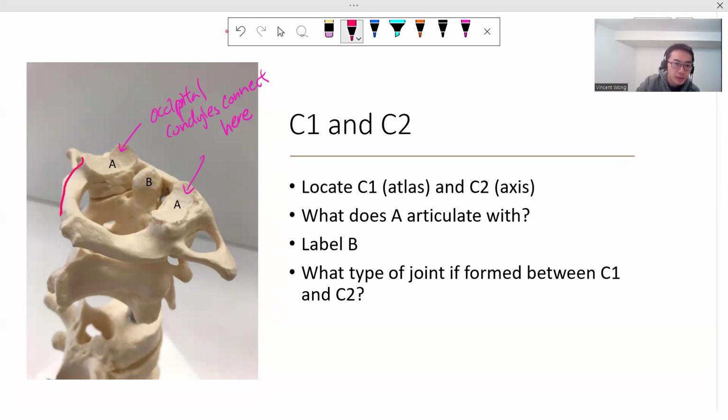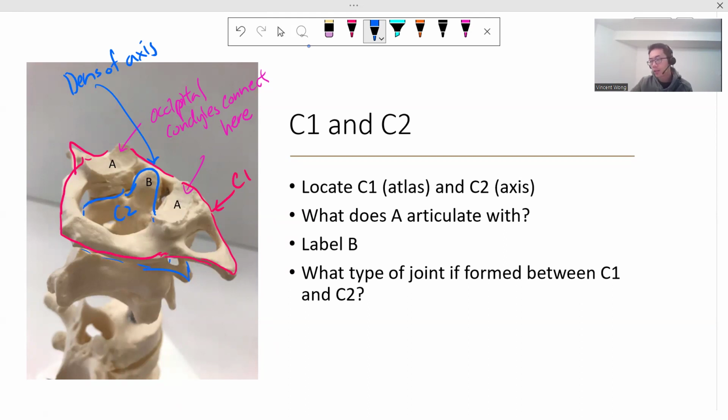So this one here is going to be the C1. And then C2 is this one that's going through it. I guess you can't really see the full view here, but that's the C2. And part B that's going through it, that's called the dens. Okay. Dens of axis.